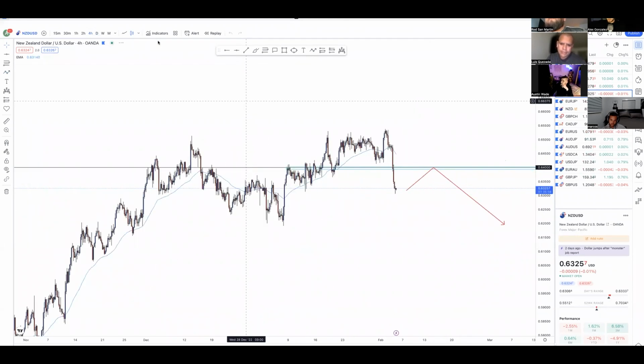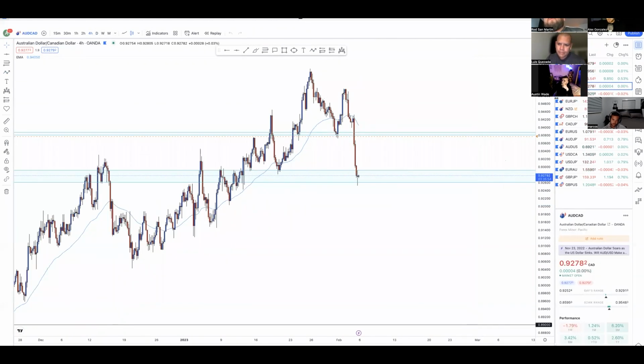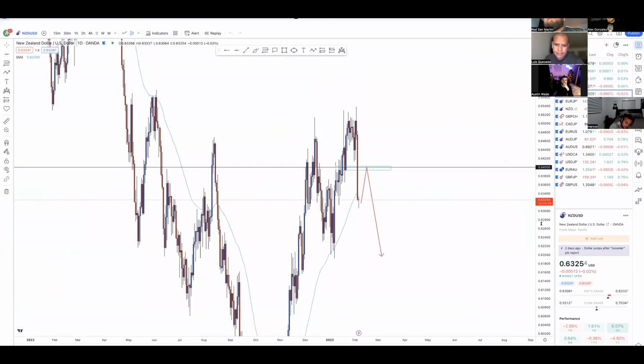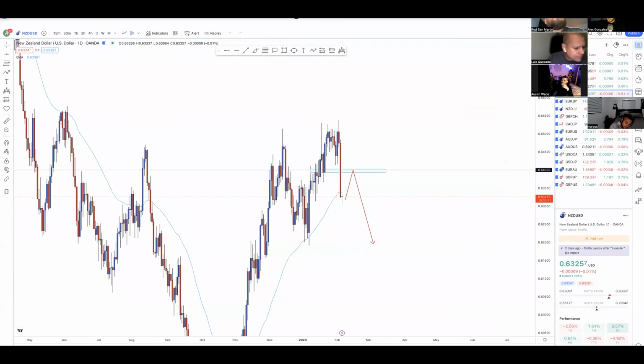Yeah, that's pretty much it. Just waiting for the pullback to sell. Looks literally like AUD CAD, same thing. Not that crazy about it though, because the weekly is bullish. So for now we'll just put it down here.